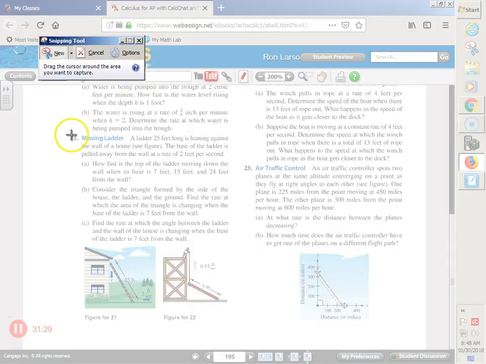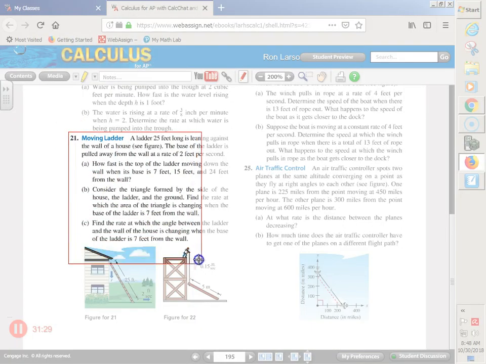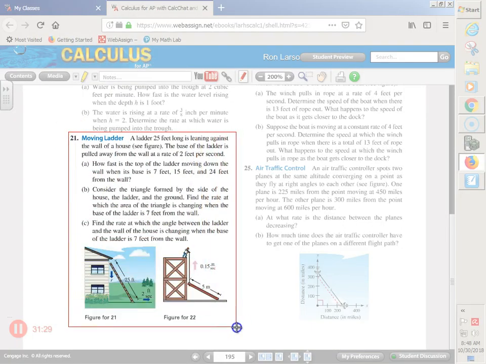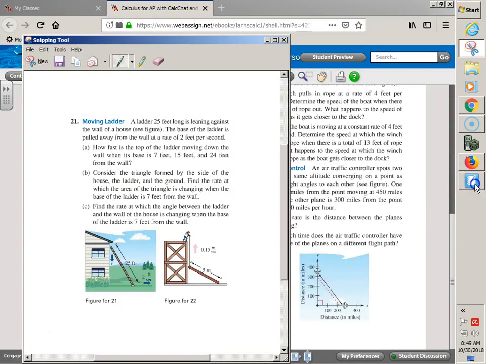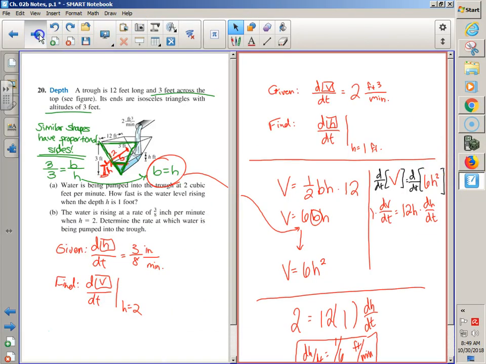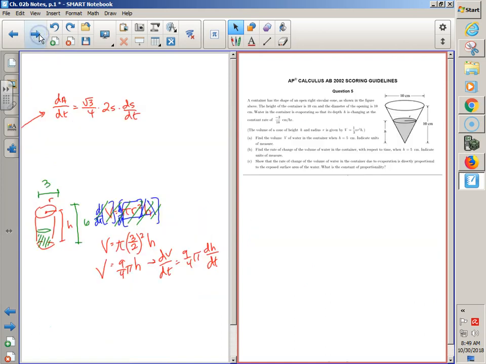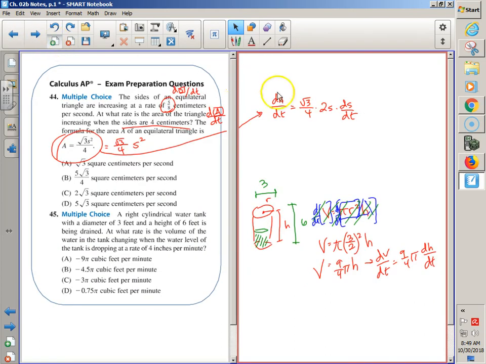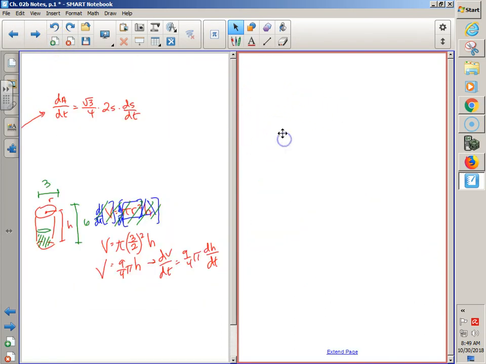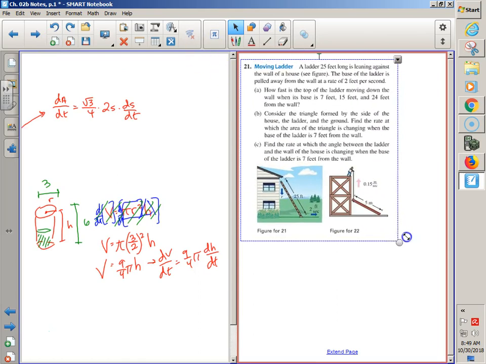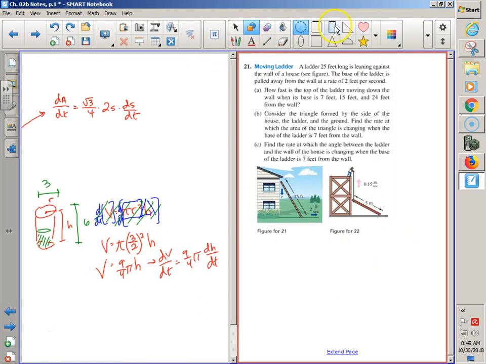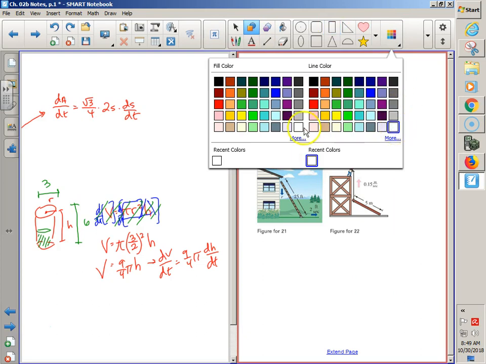Is the shadow problem an even or an odd? It's odd? Okay. I was surprised we hadn't gotten that one yet. Okay. On number 21, we have a ladder that's falling.